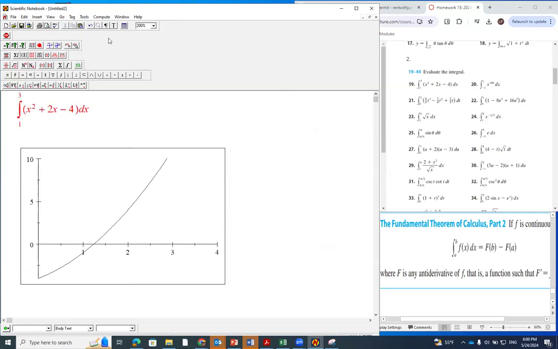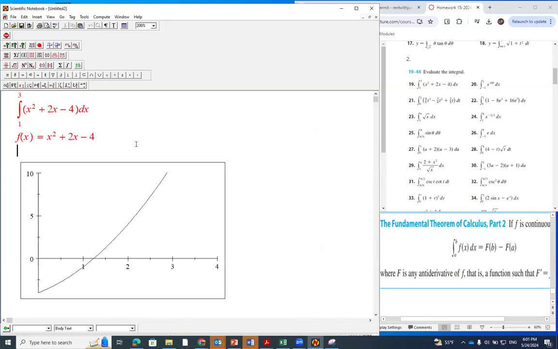I'm going to explicitly introduce this function to explain to you the geometric meaning of it. So for x equals 1, you see this on this axis: 1, 2, 3. That means we want to know the area underneath the curve between 1 and 3.